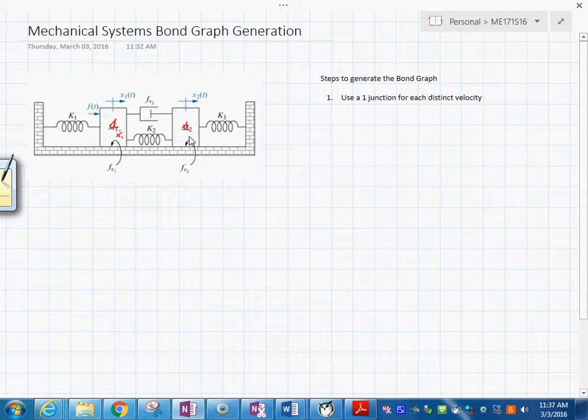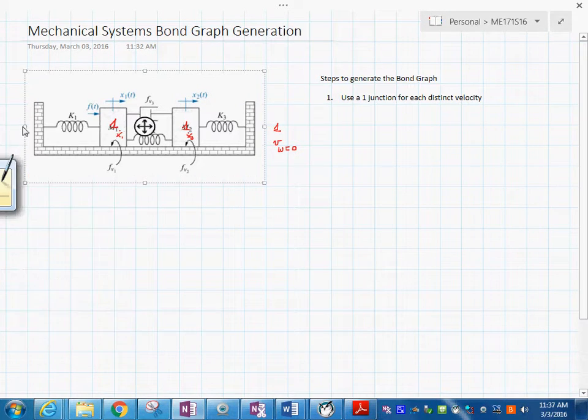And to make life easier, I think I am going to use a 1 for the velocity of the wall, which is equal 0. And equally on the other side, I will put a 1 for the velocity of the wall equal to 0.